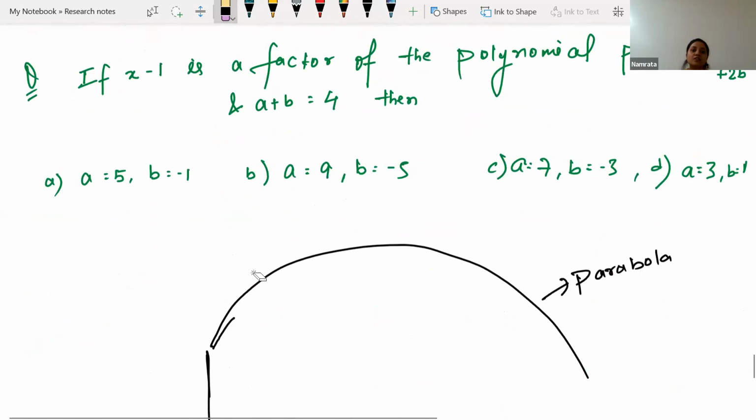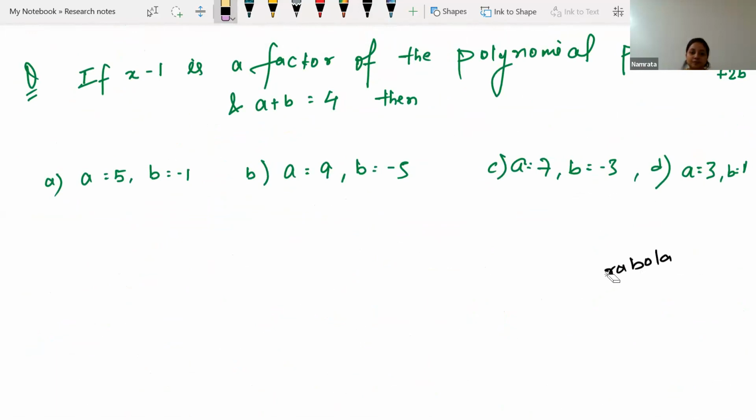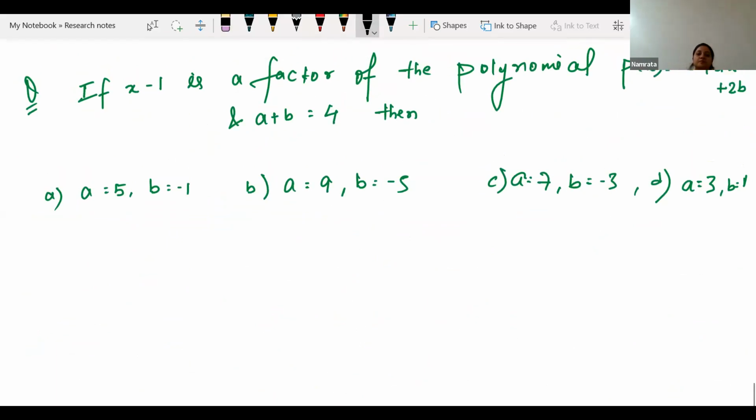The next one: x minus 1 is a factor of the polynomial. How to do this, Harshit? Ma'am, just put the value 1 in the polynomial x cube plus ax square plus 2b.